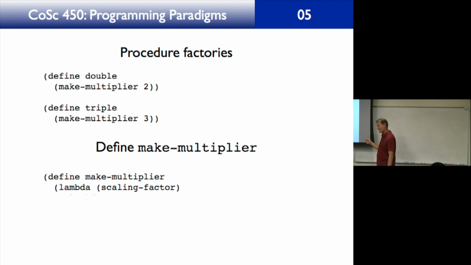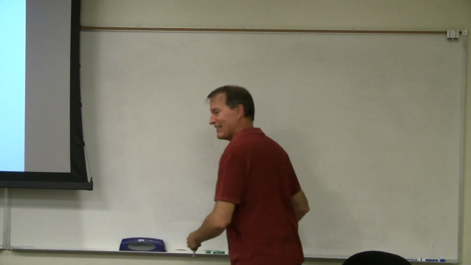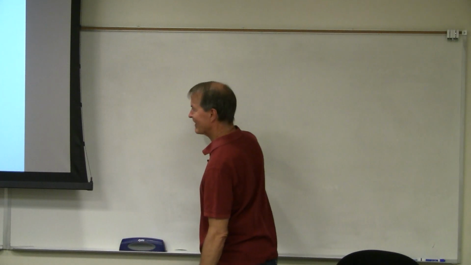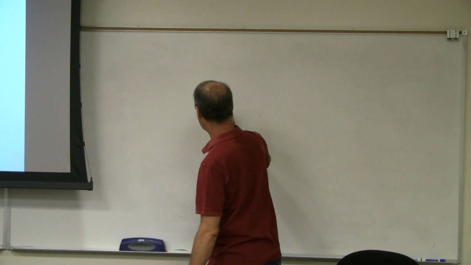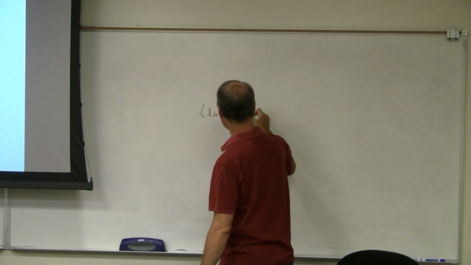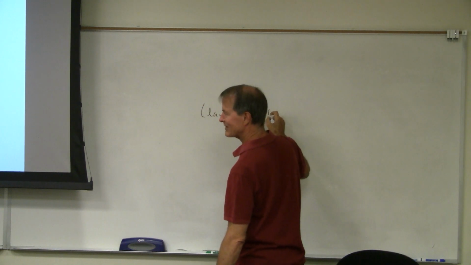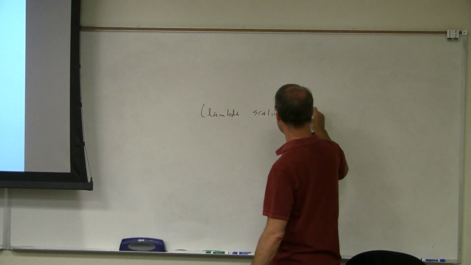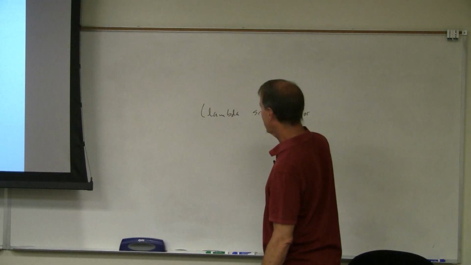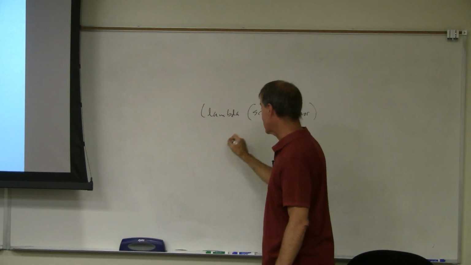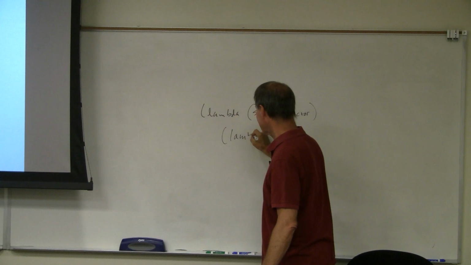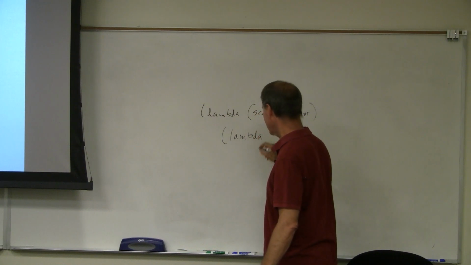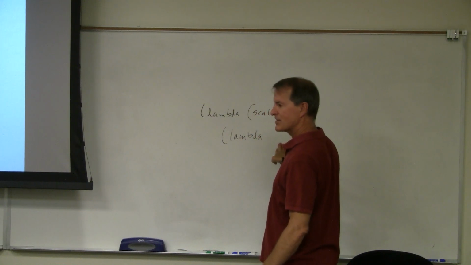But now what's going to be the code to do that? Lambda, yeah. So here we have lambda scaling factor. Can you see what's going to happen? Lambda, parentheses scaling factor. But now you're saying it's another lambda. But now how many parameters does this lambda have?